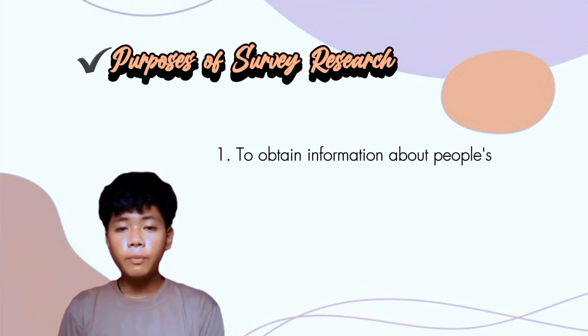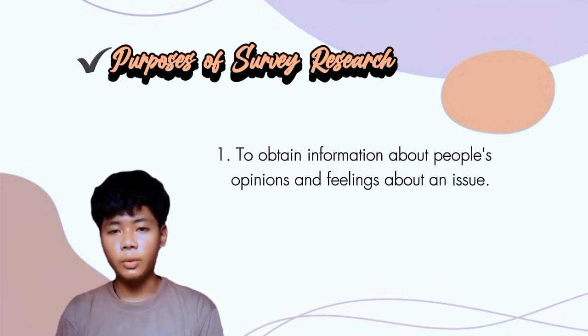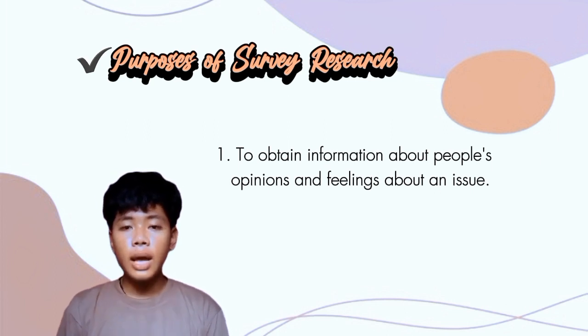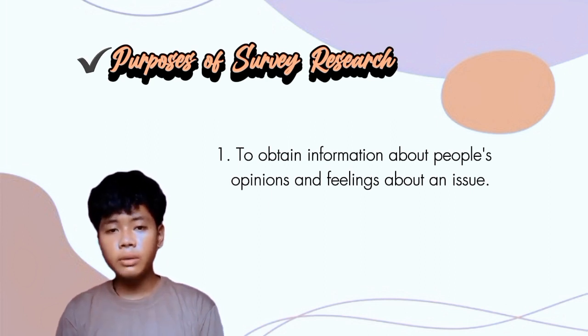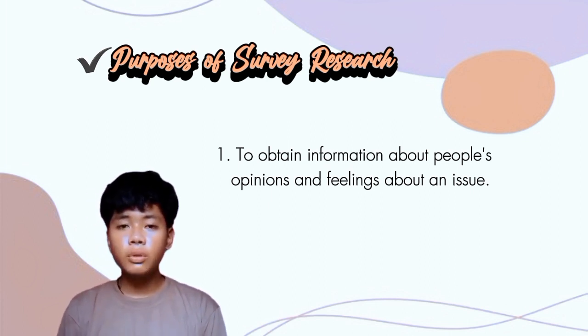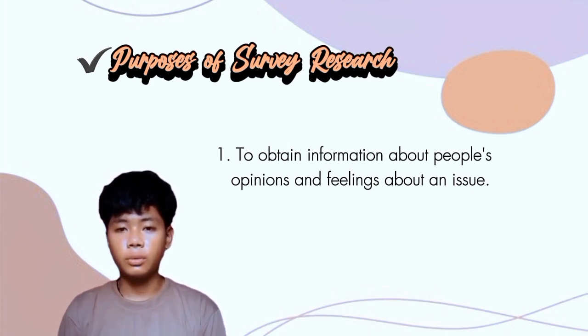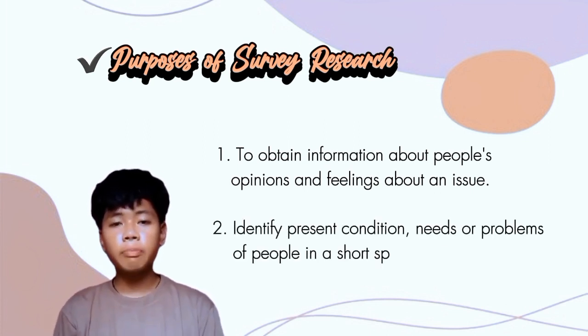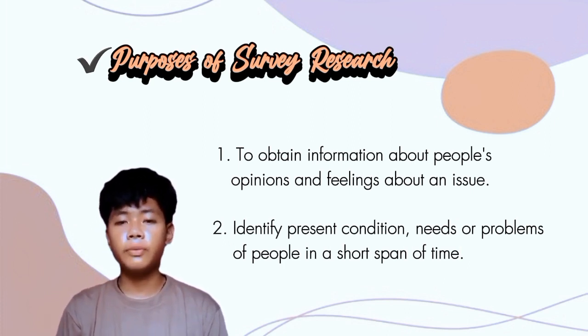First, to obtain information about people's opinion and feelings about an issue. So, as a researcher, we must obtain the information on people's opinion and feelings so that we could understand their situation about an issue. Second, to identify present condition, needs, or problems of people in a short span of time.